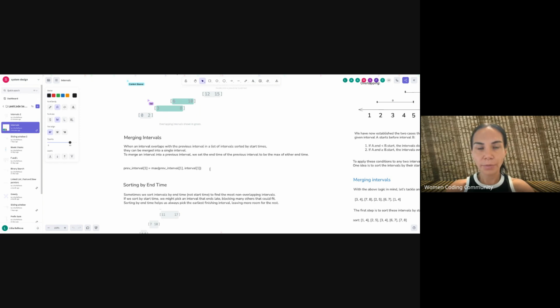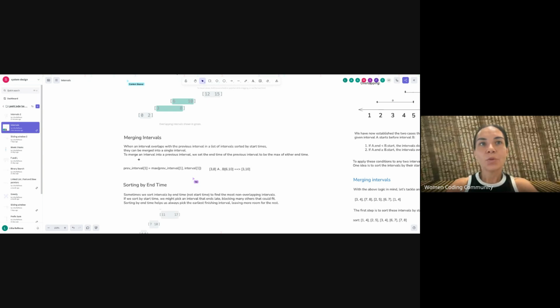So for example, imagine you have an interval from our picture, let's say it's A, and then we have interval B, which is 6 and 10. To merge these intervals, it means they will be one interval starting at 3 and ending at 10.